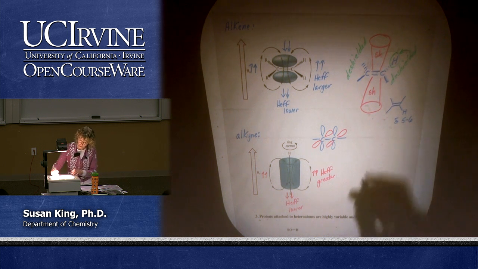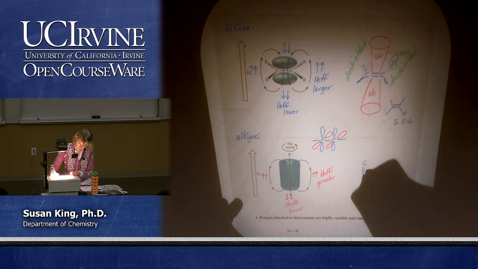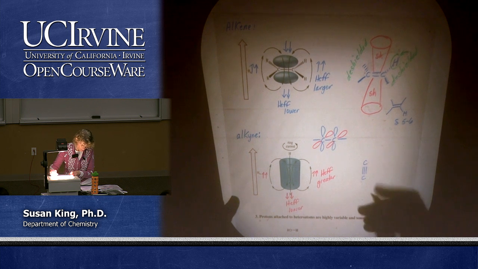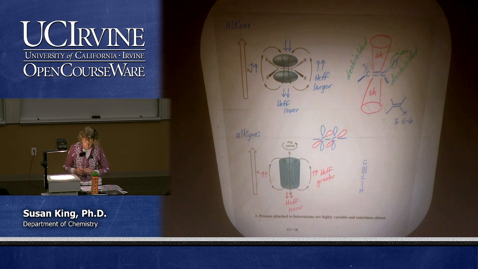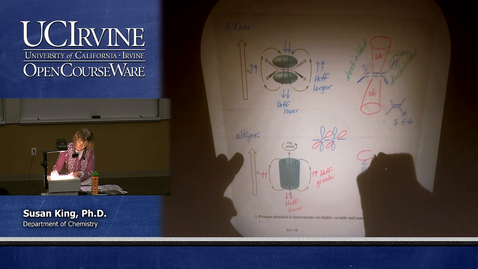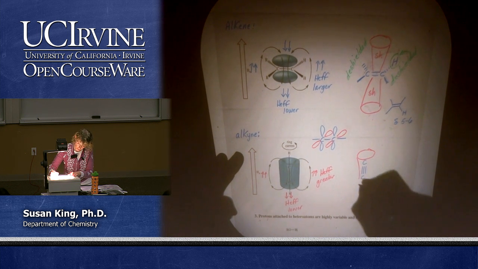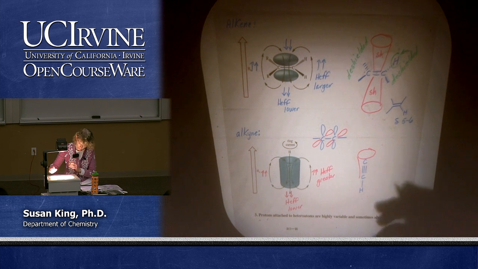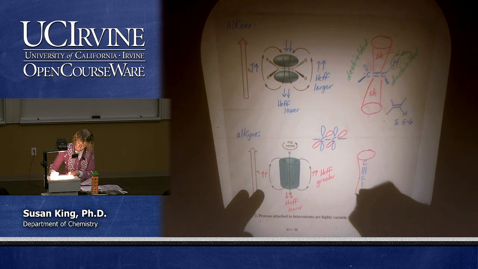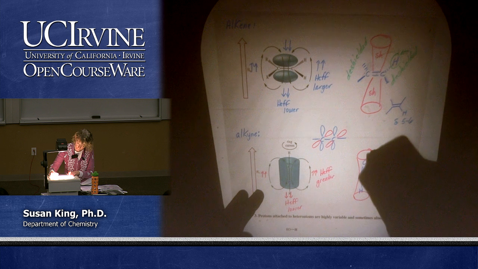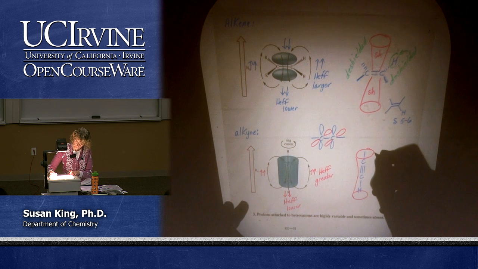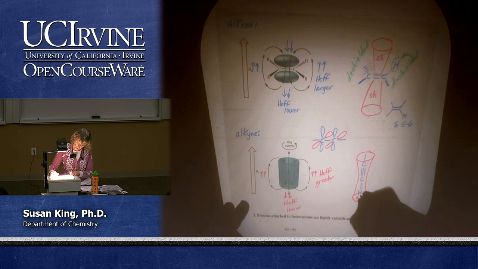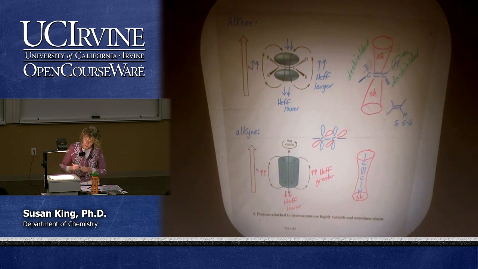So our shielding cone for an alkyne looks a little differently. We have the alkyne actually buried in the shielding cone. So here's our shielding cone for an alkyne, very different here. I should have made that a little taller. We'll just leave it like that. So there's our shielding cone, outside de-shielded.